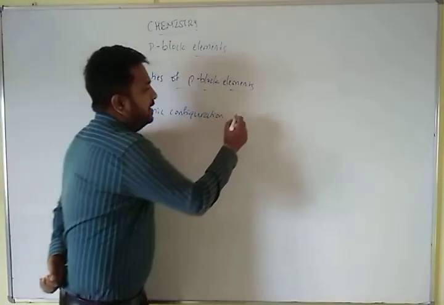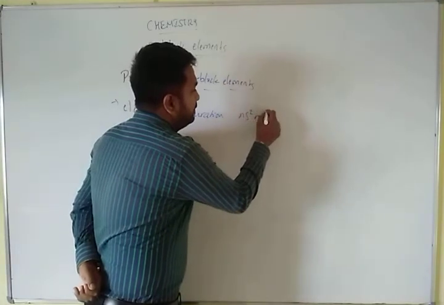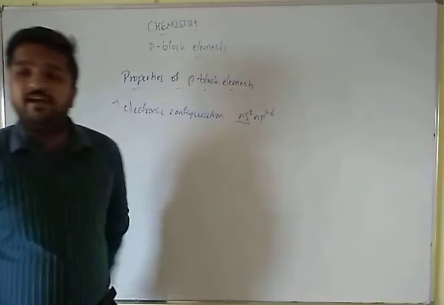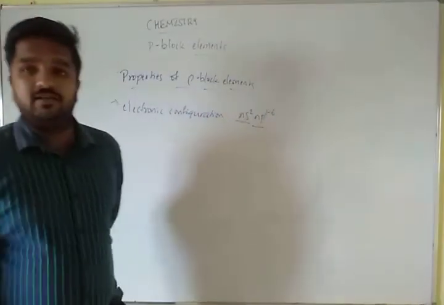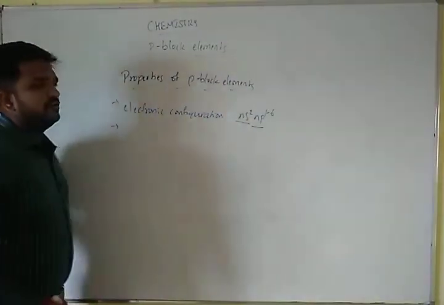It is ns2np1 to 6. Clear? The s orbital is completely filled, and it is ns2np1 for the 13th group, np2 for 14, and like that np6 for 18th group elements. Clear? So that is the general electronic configuration.